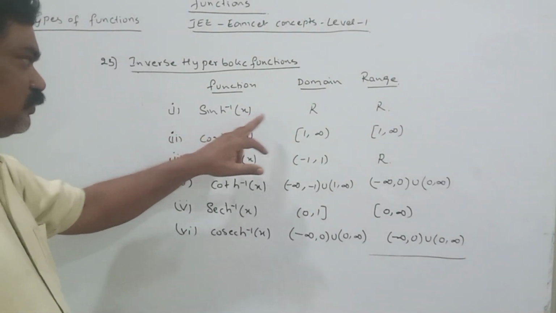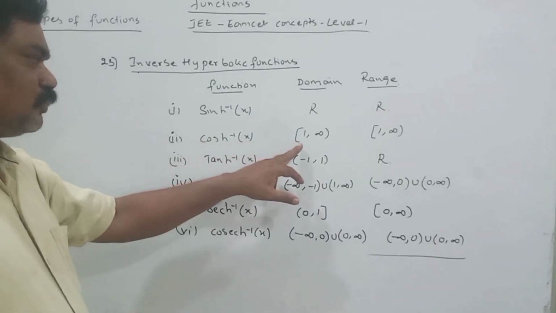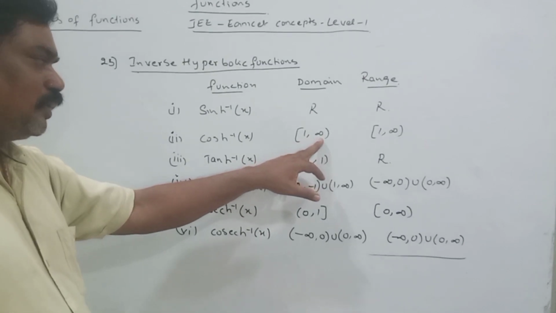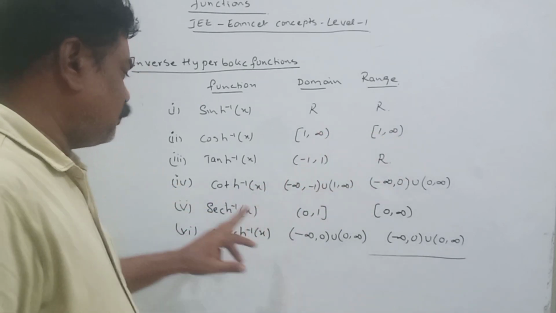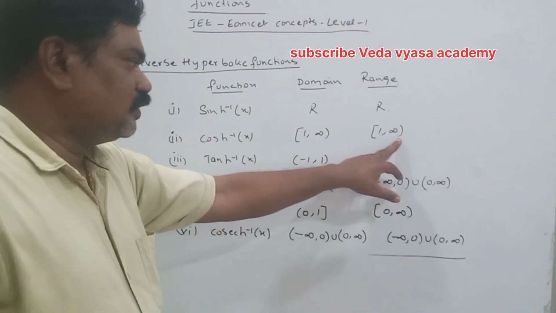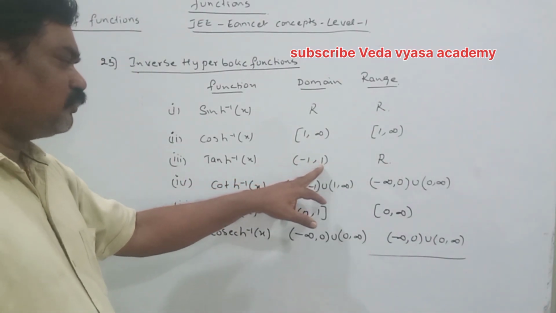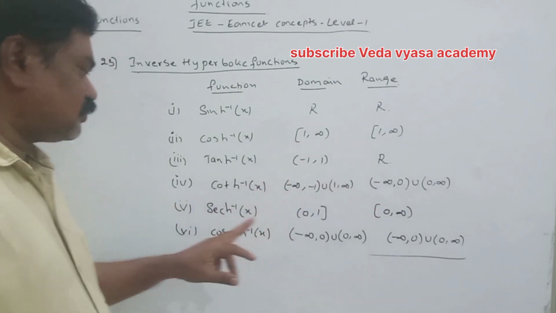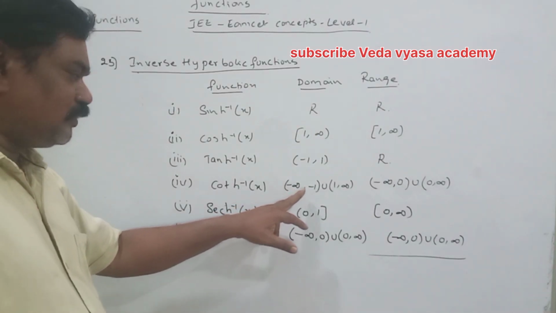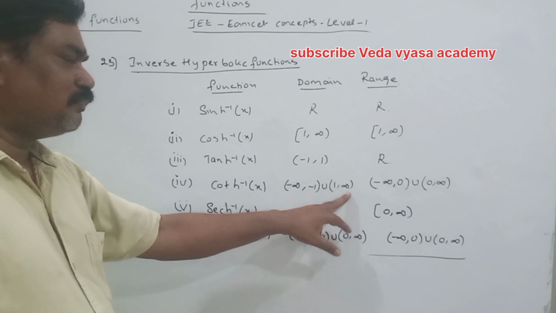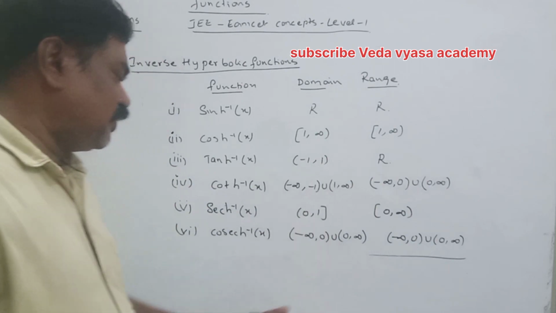Sinh inverse of x, domain is R and range R. Cosh inverse of x, domain closed interval 1 to infinity open and range closed interval 1 to infinity open. Tanh inverse of x, domain minus 1 to 1 open interval and range is R. Coth inverse of x, domain open interval minus infinity to minus 1 union 1 to infinity, range minus infinity to 0 union 0 to infinity.